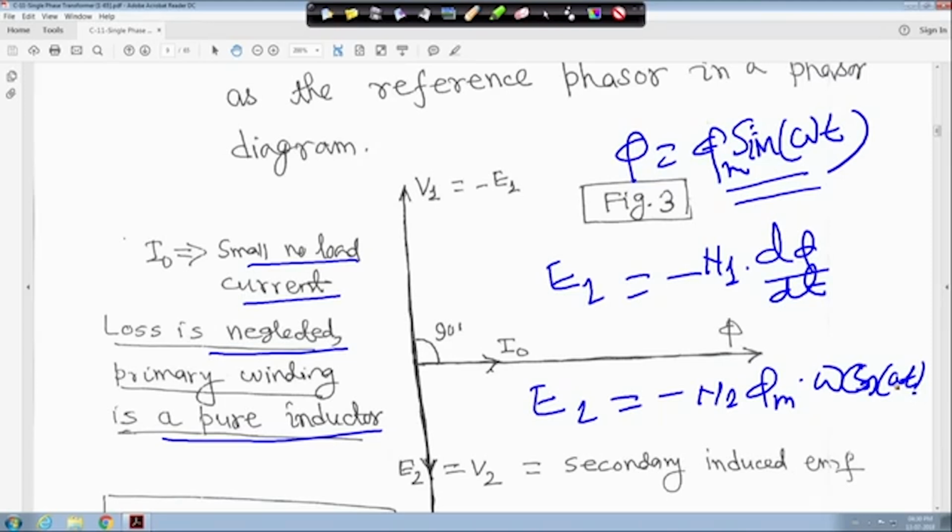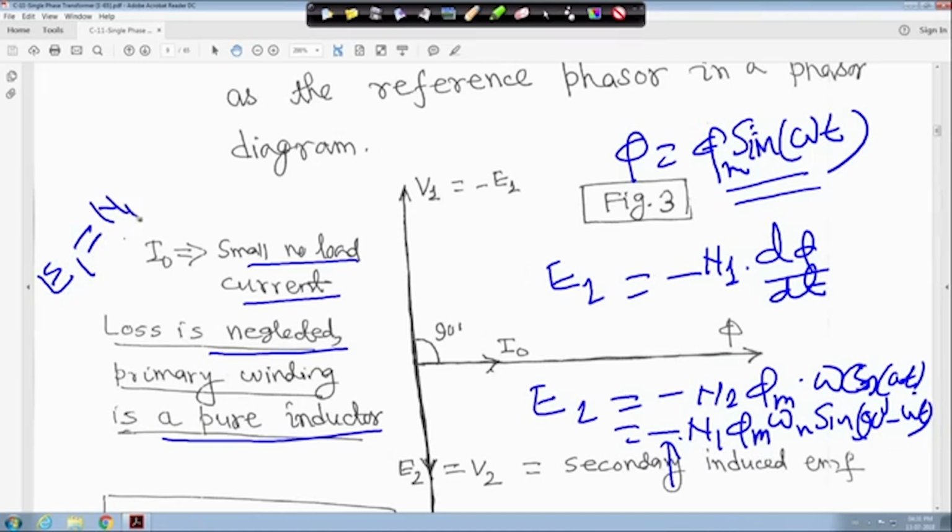We can write this as sine of 90 degree minus omega t, and taking the minus sign inside, we get U1 equal to N1 phi m omega sine omega t minus 90 degree. So, U1 is sine omega t minus 90.